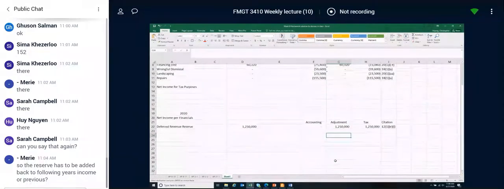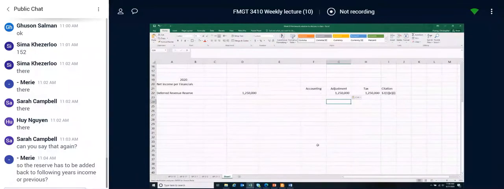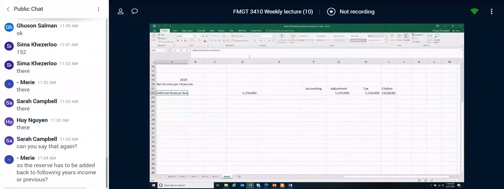Okay, does that make sense? So for the following year, that reserve has to be added back into income.